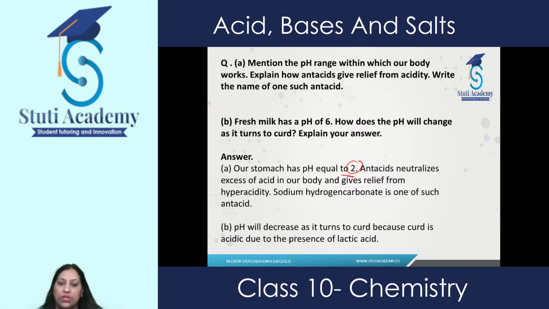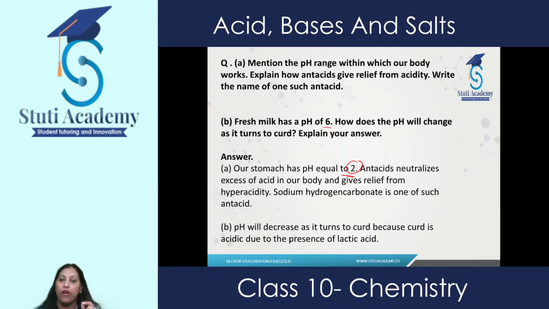Now, second question is, fresh milk has a pH of 6. How does the pH change as it turns to curd? Explain your answer. Have you ever tasted curd? Just see the difference in the taste of curd and milk. Curd is quite sour in taste. It means it has some acidic property.